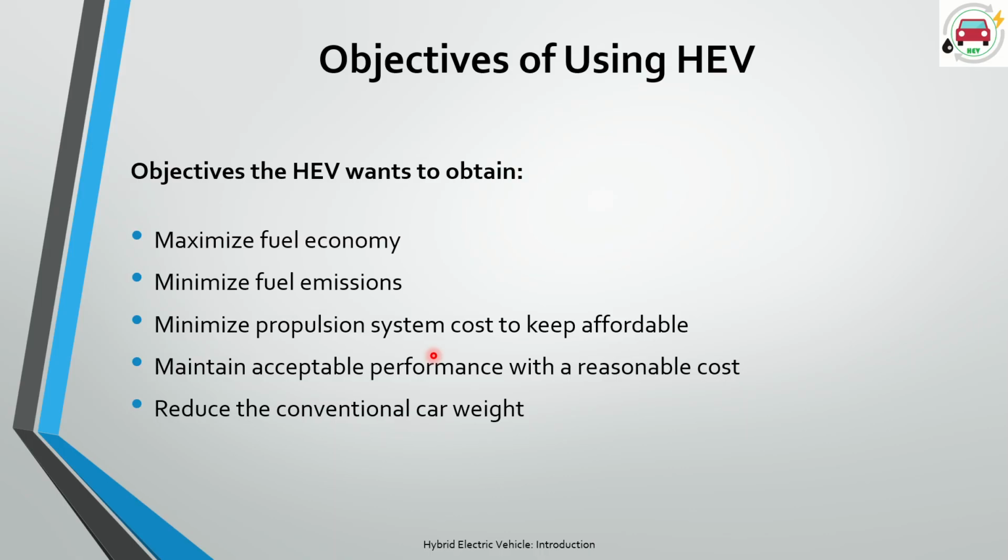But nowadays with the hybrid electric vehicle we have lowered it down. For four wheelers there may be different ranges, but it comes around 1000 to 1500 or lesser also.